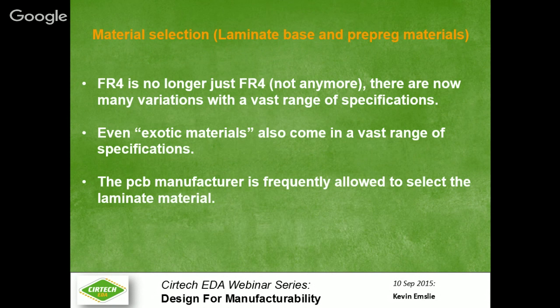So the PCB manufacturer is frequently allowed to select the base material. As an example, the data pack would specify the material to be FR4, and the actual material is left to the manufacturer's choice. They can decide to choose the cheapest material.